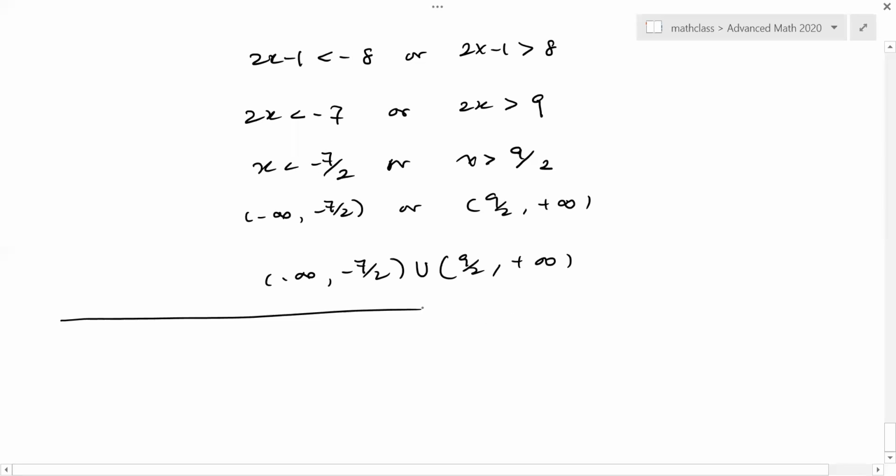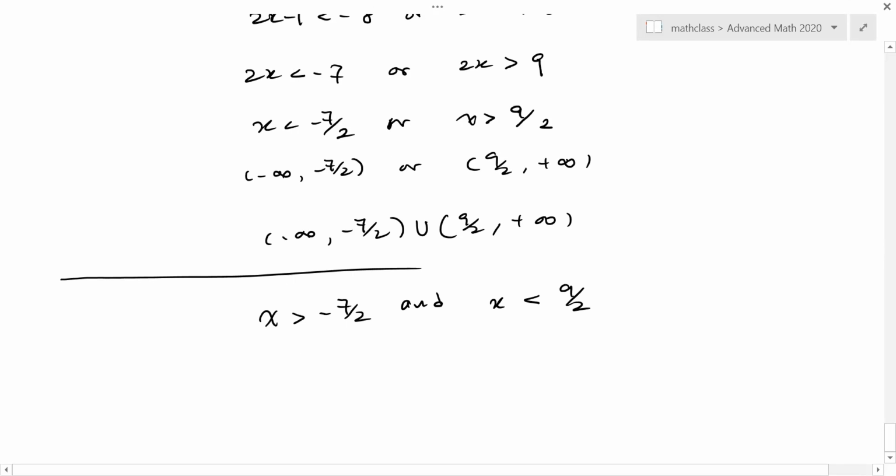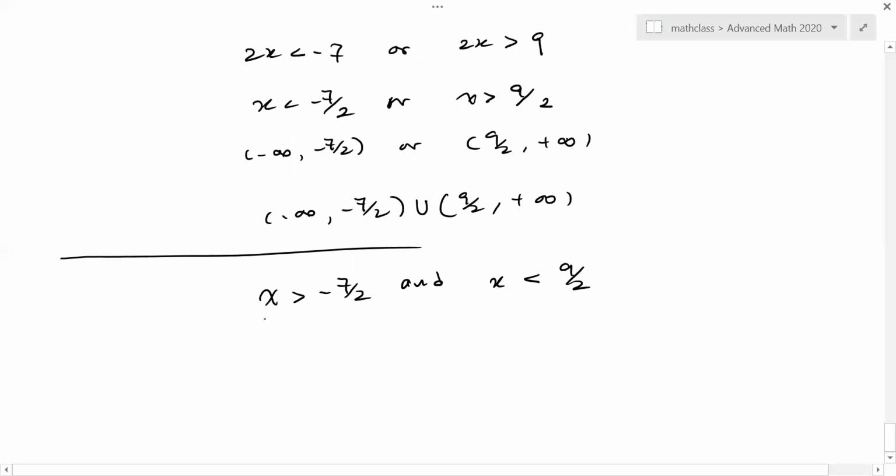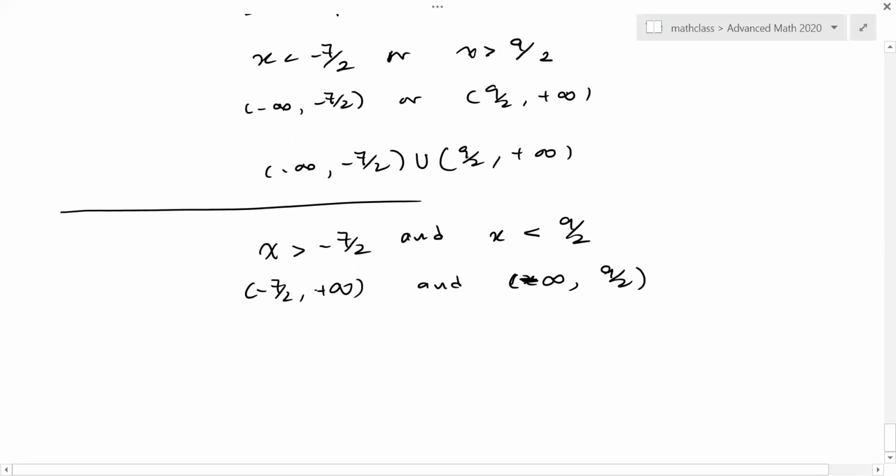Okay, so when I say x is greater than, for example, greater than negative 7 over 2, and x is less than 9 over 2, for example, okay, then in this case the interval for this one will be negative 7 over 2, be careful, to infinity, and x from negative infinity to 9 over 2. So x is in this interval and x is in the other interval.